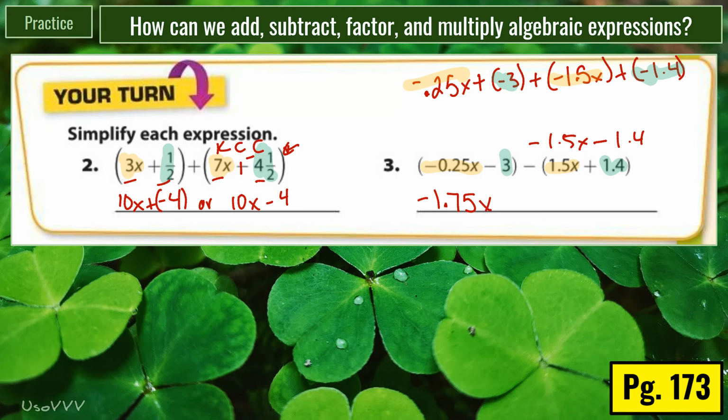And same thing with my negative 3 and my negative 1.4, same signs. So I can add them and keep the sign. Same as the last one, we could also write this as negative 1.75x minus 4.4. Same thing, whatever you come up with.